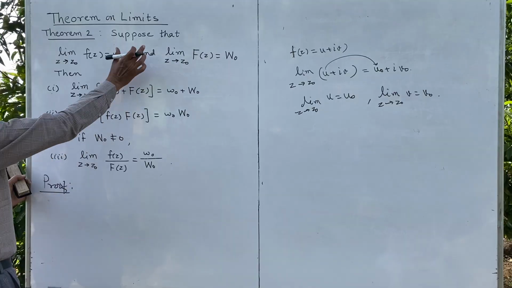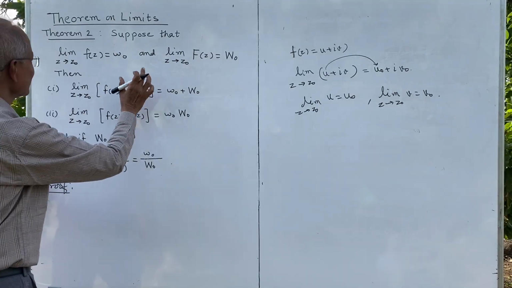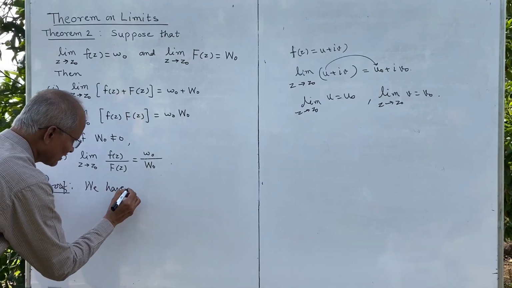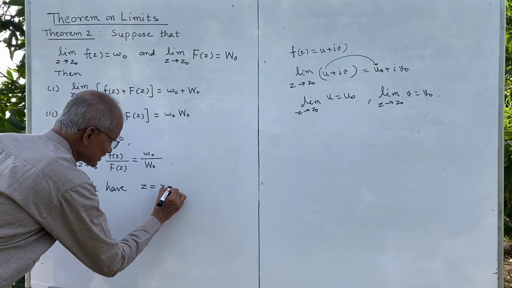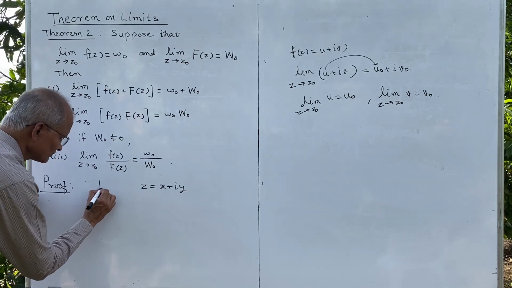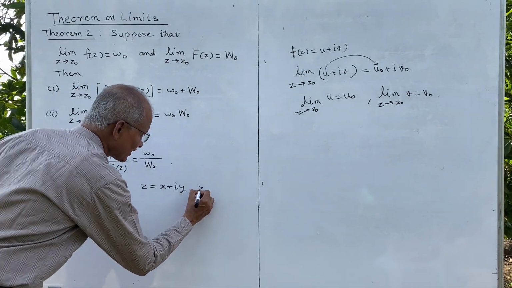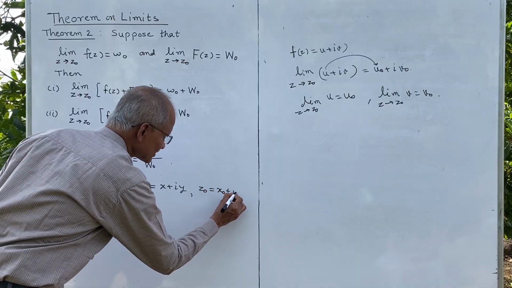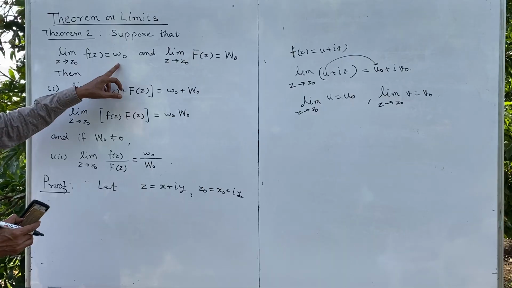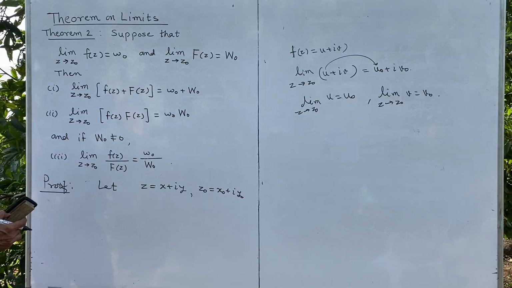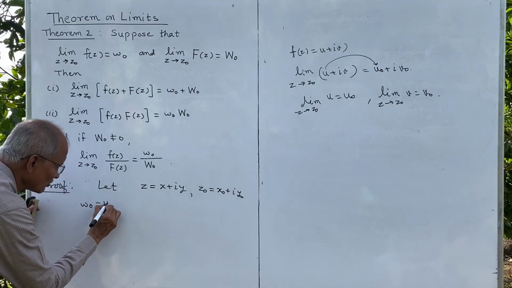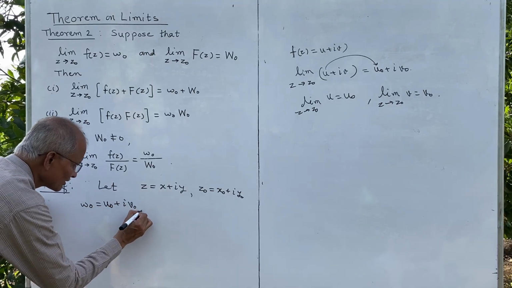See, we have z as x plus iy. So, we will consider z naught equal to x naught plus i y naught, and w naught we have to consider as w naught equal to u naught plus i v naught.